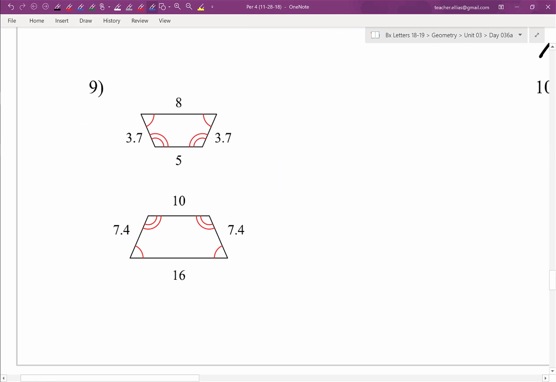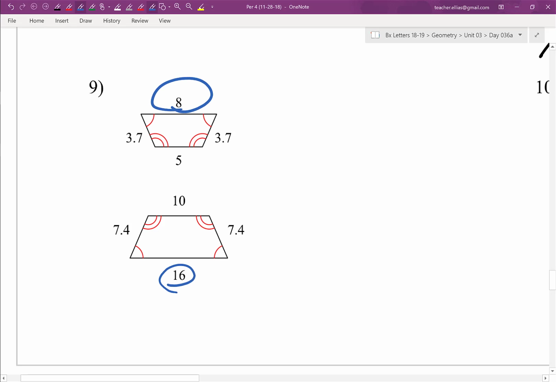So now we're gonna do number 9. So now we're gonna do the correspondence. Oh, you're right. Oh, that's smart. Okay. These are the correspondents.